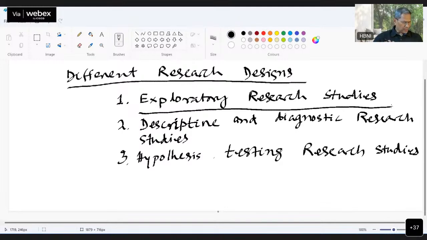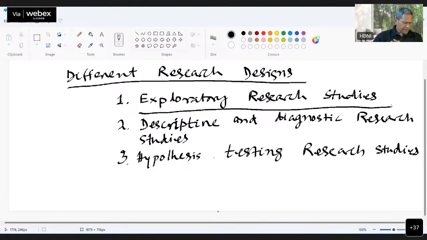So the research problem, broadly defined initially in this exploratory study, then gets transformed into one with a more precise meaning. When you start this exploratory research study, initially you may not be very clear, very precise about what exactly you want to do.